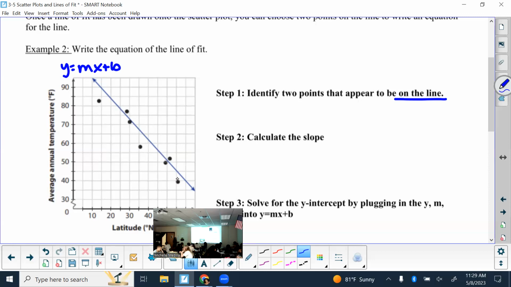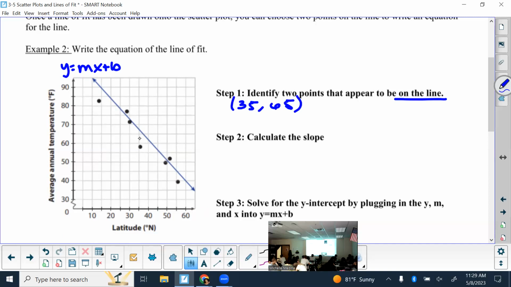Table 1, can you tell me a point that happens to be on the line that you can see clearly? 35, 65, let me go back and verify. 35, 65 would be right here, so not exactly on the line. What did you say for that y value?